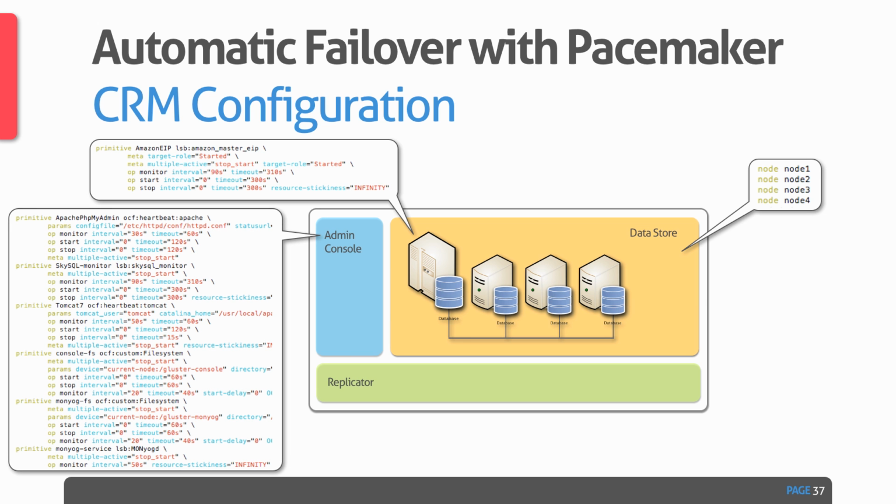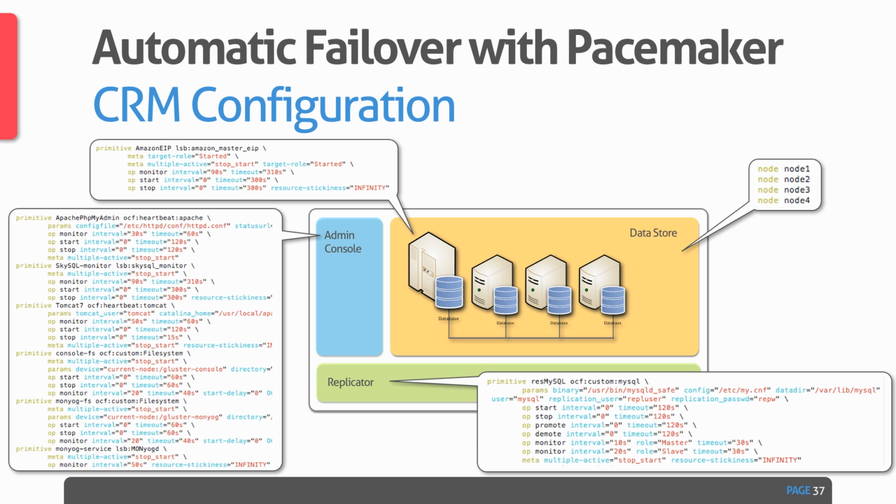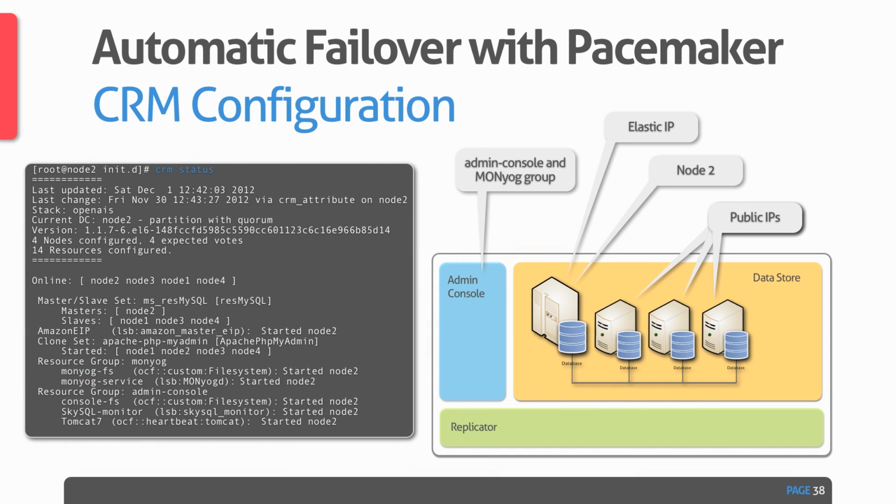Many other elements like PHPMyAdmin, the SkySQL monitoring tool, Tomcat, the administration console, and so on. So the whole system is based on all these policies that have been defined, and they are controlled by Pacemaker and the resource agents that we have created.